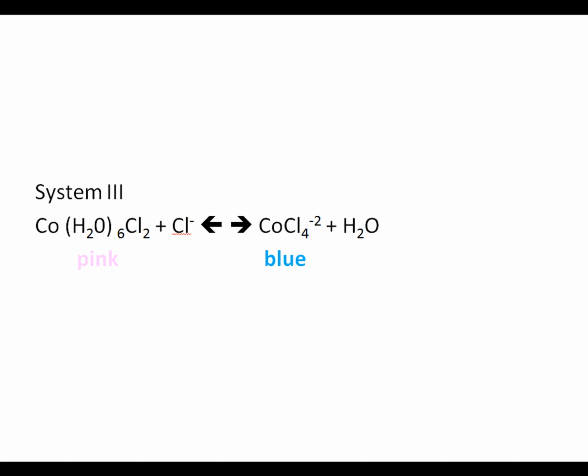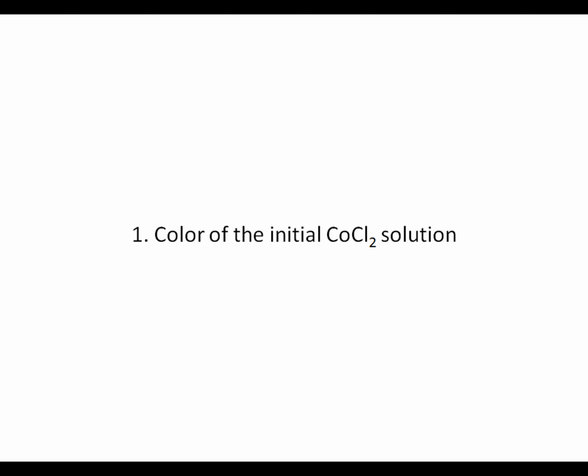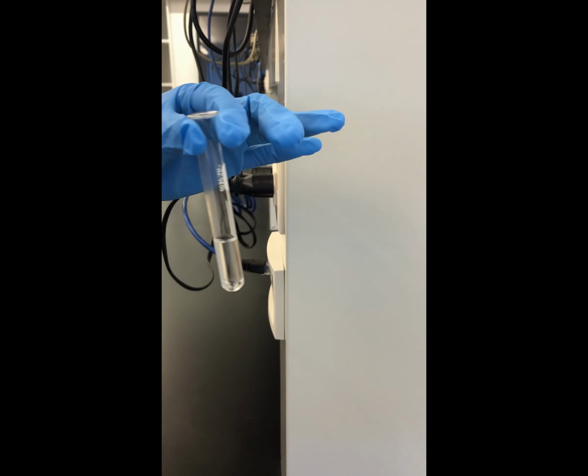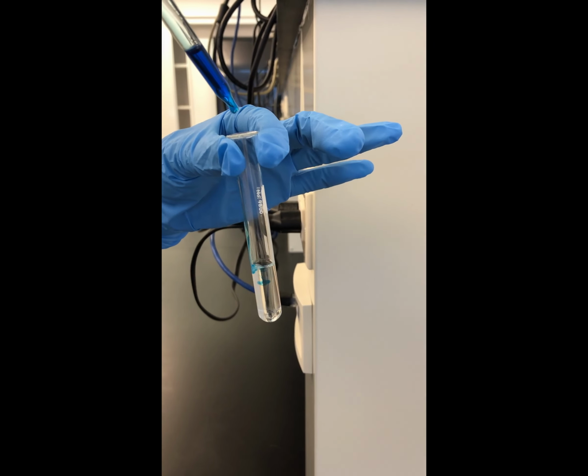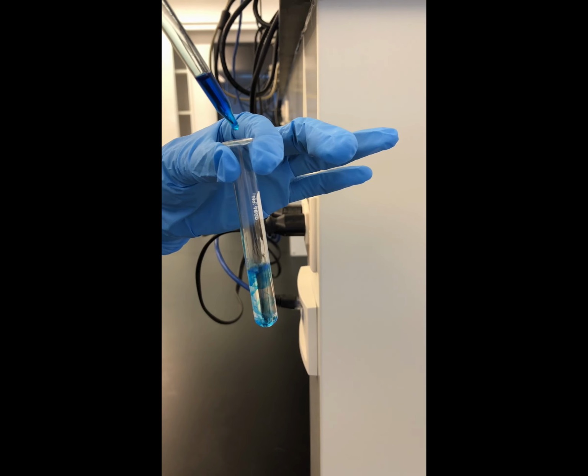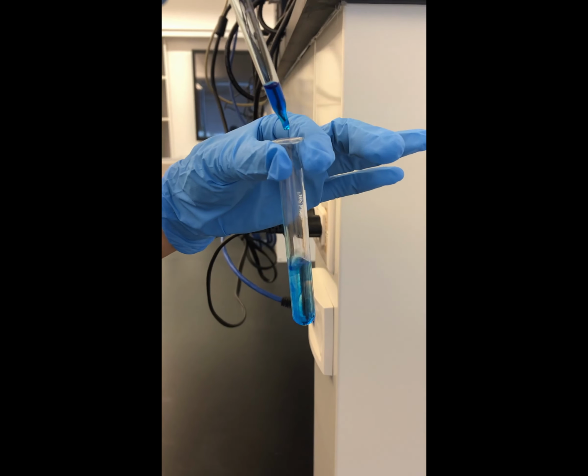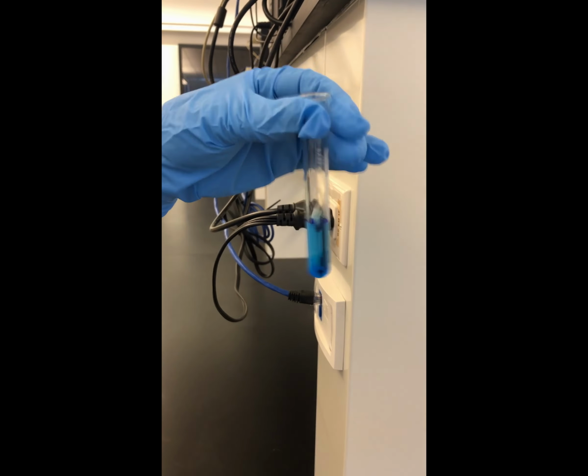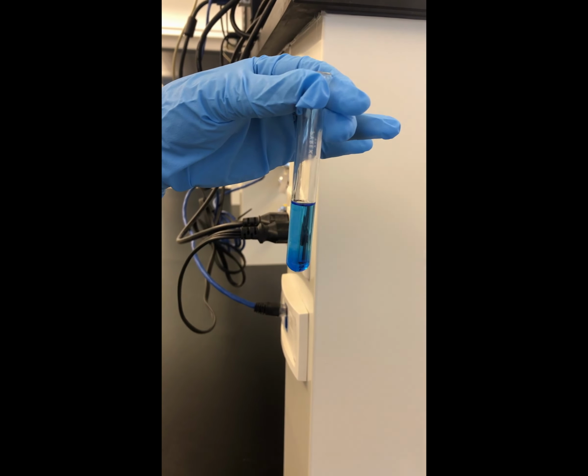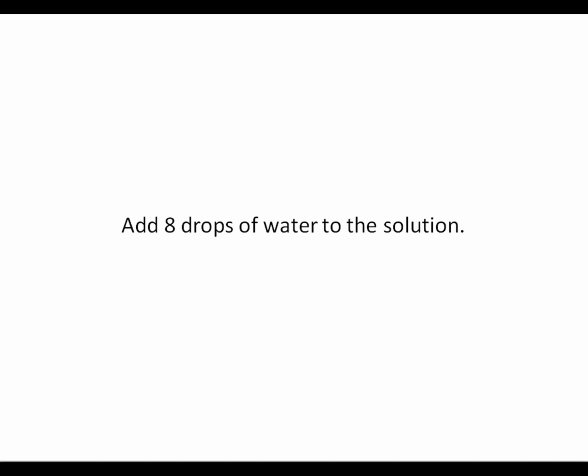Now we're going to move on to system 3. Number 1, color of the initial CoCl2 solution, or cobalt chloride. You're going to add 8 drops of water to the solution.